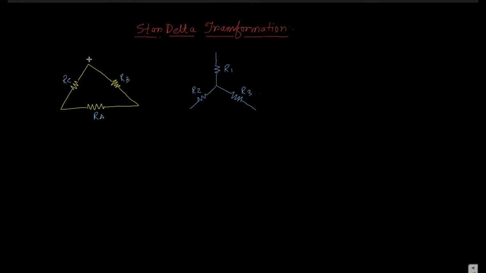Take this point as 1, this point as 2, and this point as 3. Then you can convert this star into delta or delta into star by a simple technique, that is called the star-delta transformation.